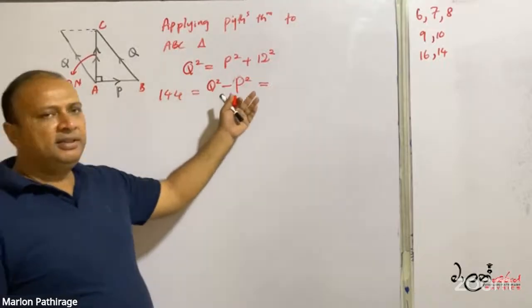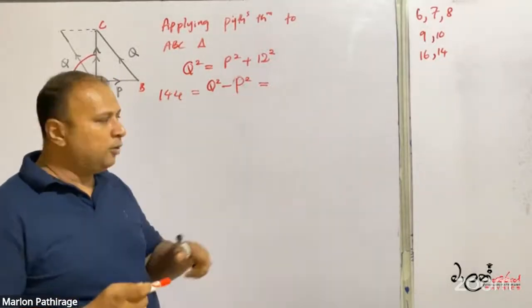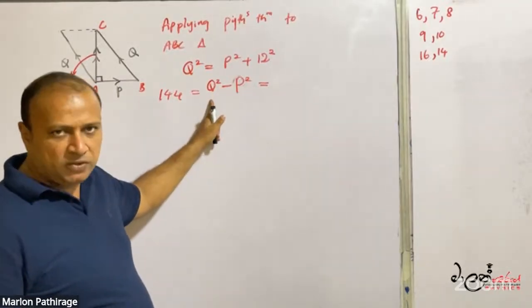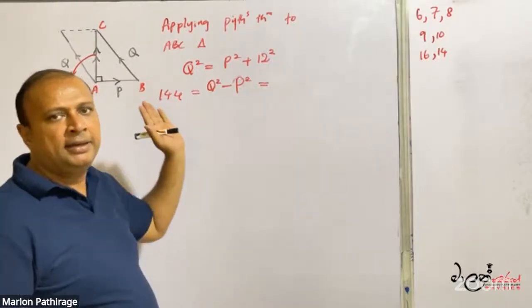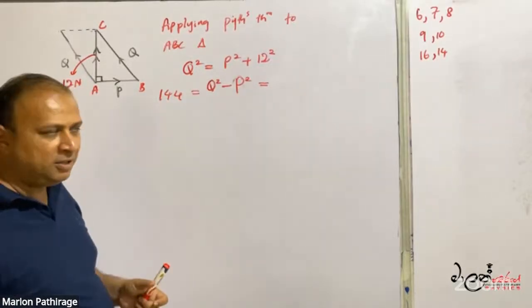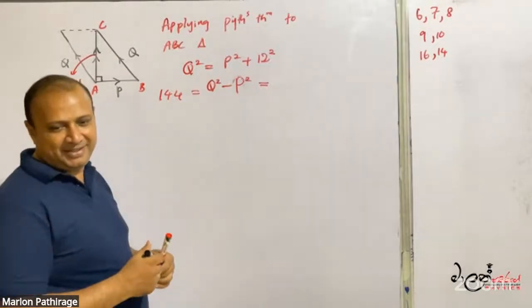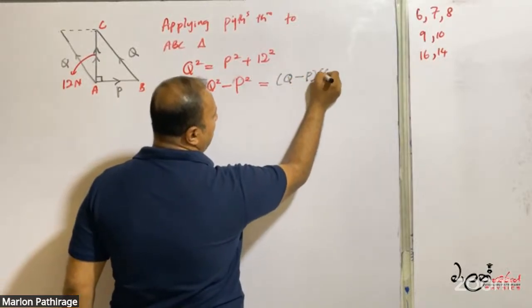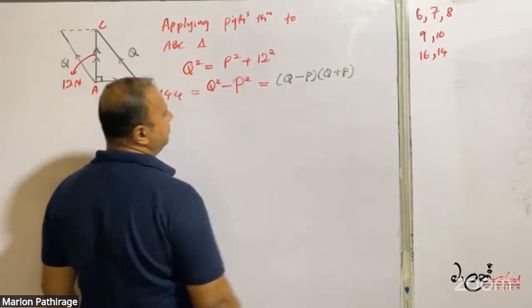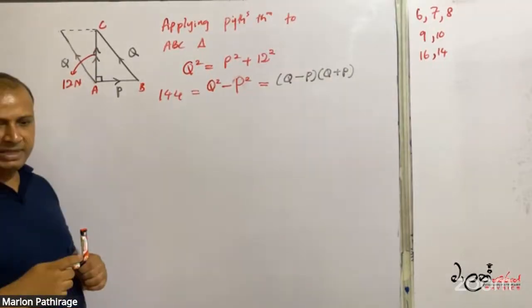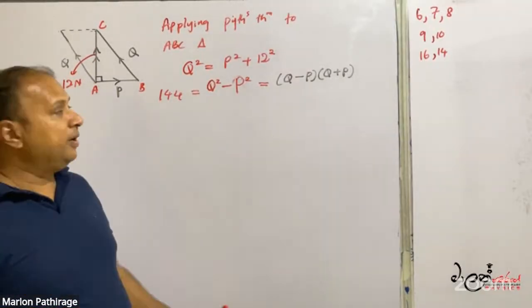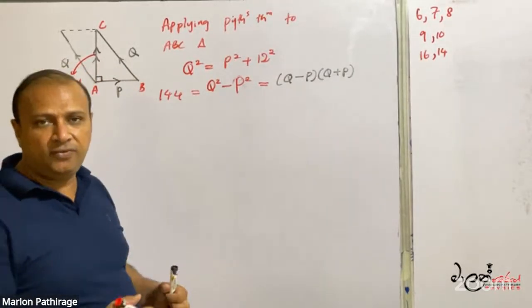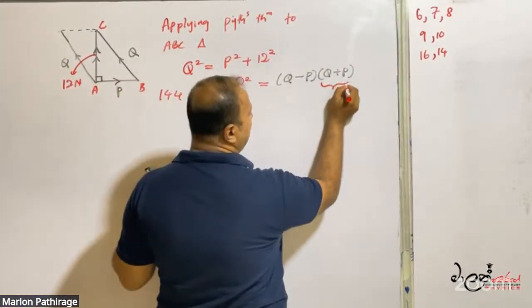Now this is a difference of squares, so you can write it as a multiplication of subtraction and addition: Q minus P times Q plus P. And you are given the addition of P and Q is equal to 24.